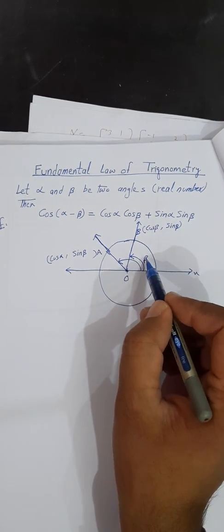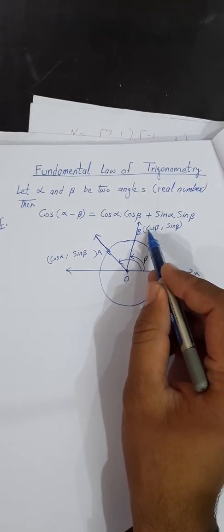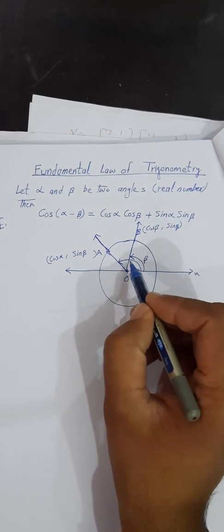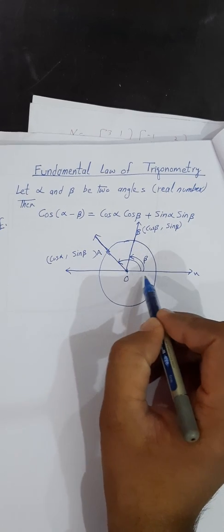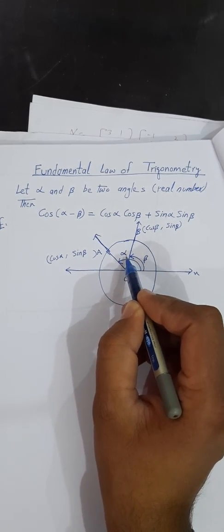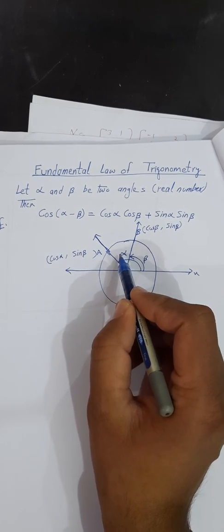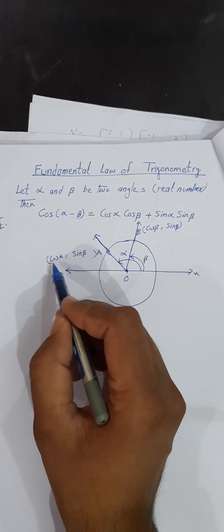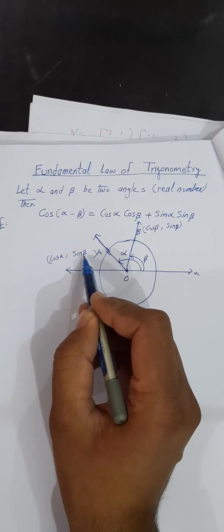Due to this angle beta, the coordinates are cos beta and sin beta. The ray OA makes an angle alpha with the positive x-axis. Due to this alpha, the coordinates of point A are cos alpha and sin alpha.